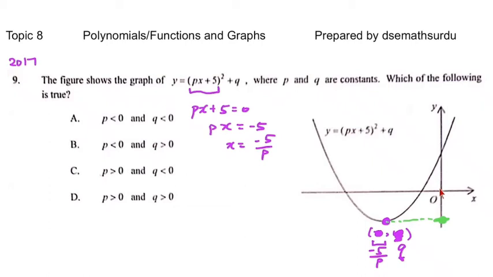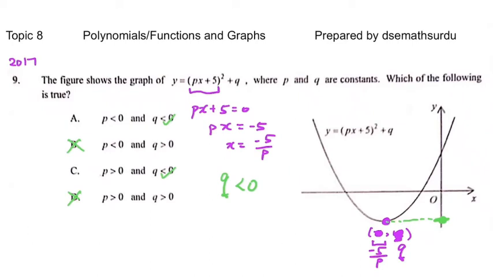The origin is here, this is up, this is down, and so this point is, yep, negative. This was from the equation and this was from the graph. So the final answer is q less than 0. So this can be correct. We already know B and D are for sure wrong.